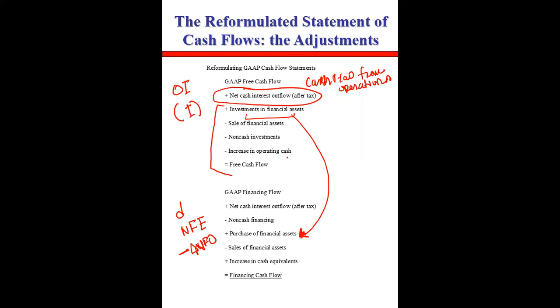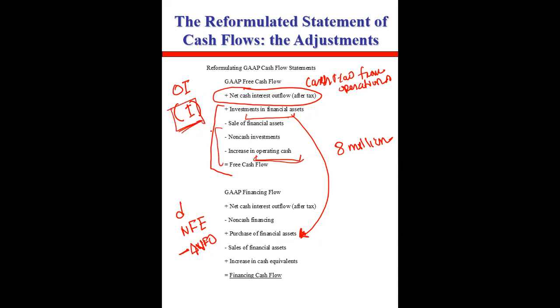And if we have any increase in operating cash, you can recall the 8 million we have made investment in operating cash, and that is also part of investment. That's why we will add all the investment.